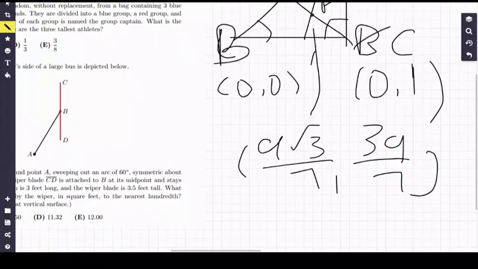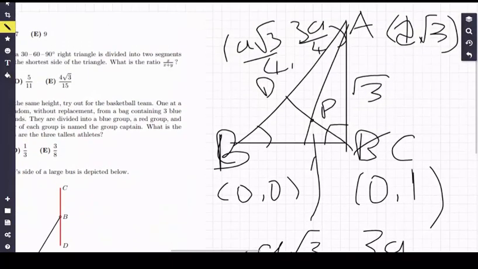So the altitude CD is divided into CP and PD, and the lengths are proportional to 4 over 7 and 3 over 7 of CD.